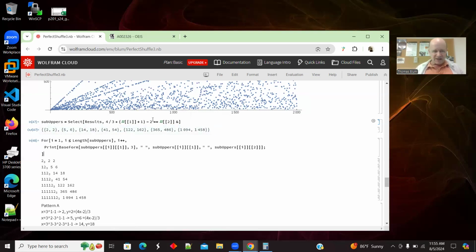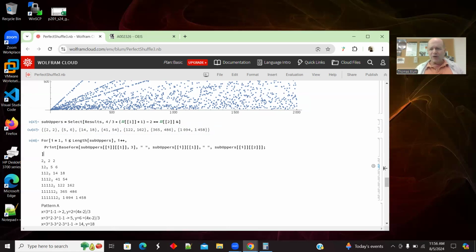The relationship between the x and the y for these lines is easy because it's just a line, and you can see them lining up, so you know it exists. You grab a few points, fit it, grab the slope and the intercept, and see if you get a bunch of values, and you do. But the harder thing is to figure out the relationship among the x's that put it on this line. I had success with these lower ones in the second video I made by looking at the x's in binary.